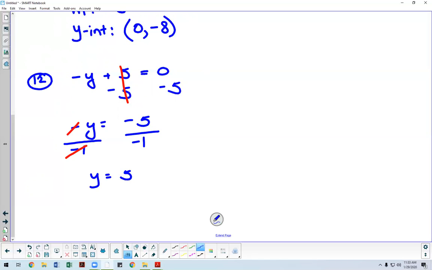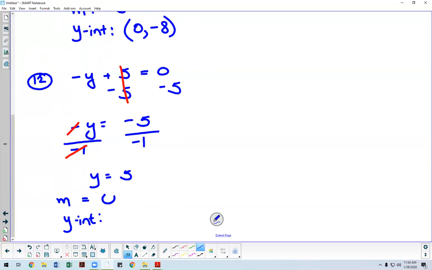So what is our slope and y-intercept? Are we seeing an x term? No, right? Because there is no x term. So what does that mean? What kind of slope do we have? No slope. It is a horizontal line. So what kind of slopes do horizontal lines have? 0 slope.